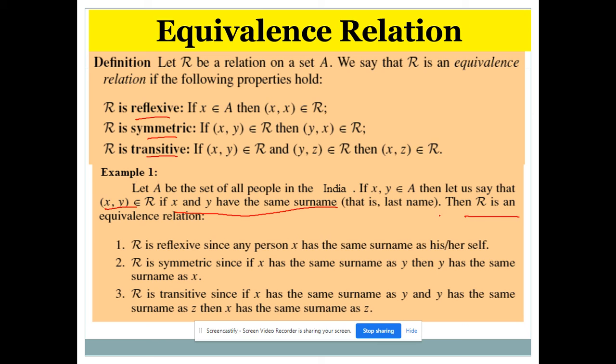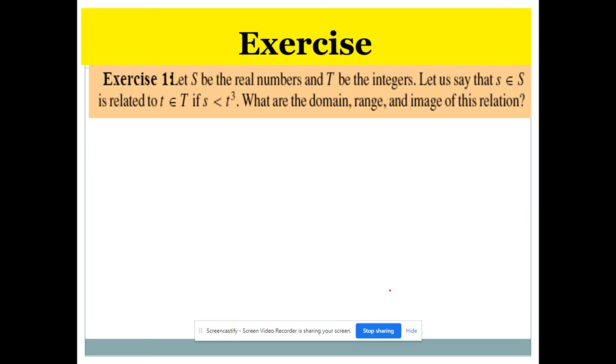Then definitely this will be an equivalence relation. You can see here that R is reflexive, since any person x has the same surname as himself or herself. Symmetric, because if x has the same surname as y, then of course y has the same surname as x. And it will also be transitive.